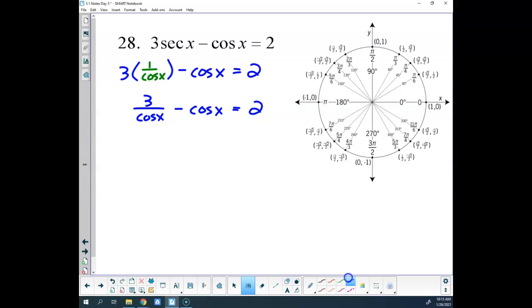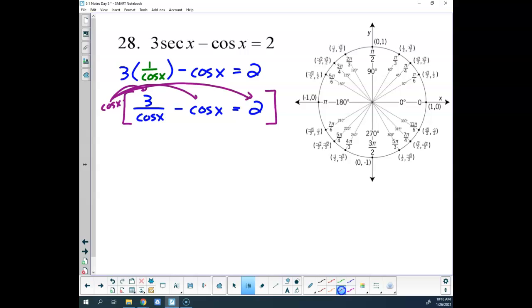Fractions, let's get rid of it. We're okay with that. Okay? So we're going to take this entire equation, and if I want to get rid of that fraction with a cosine, I'm going to multiply by cosine of x. I got to multiply the entire equation by cosine.